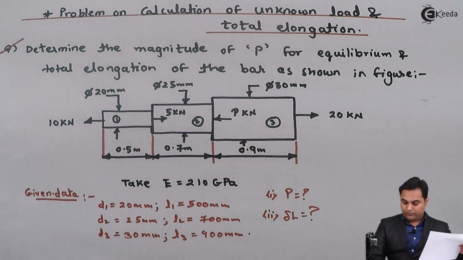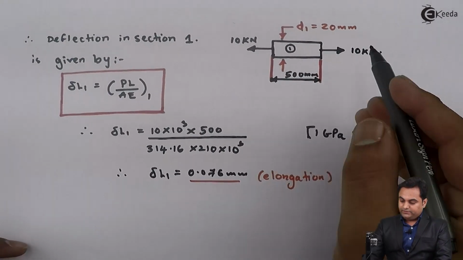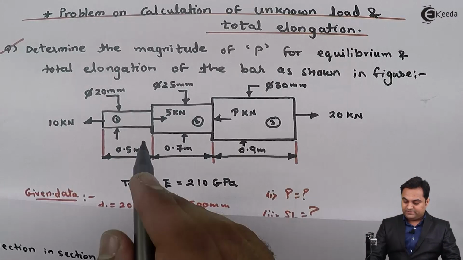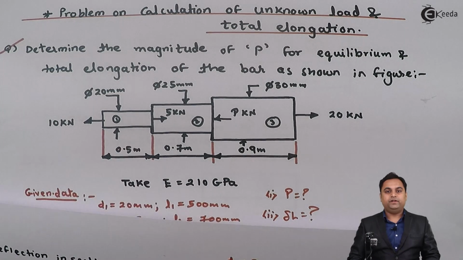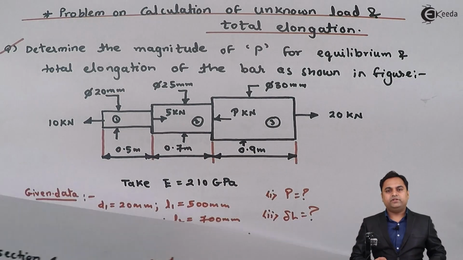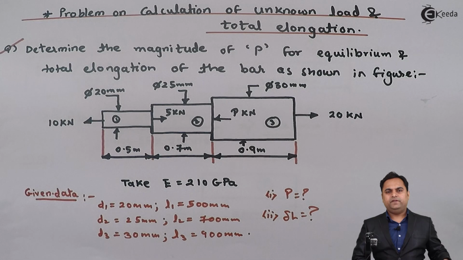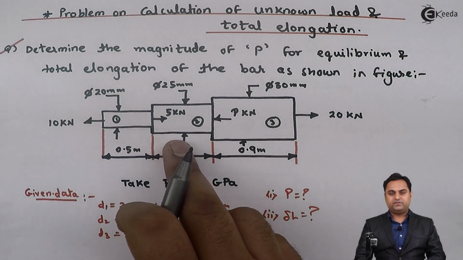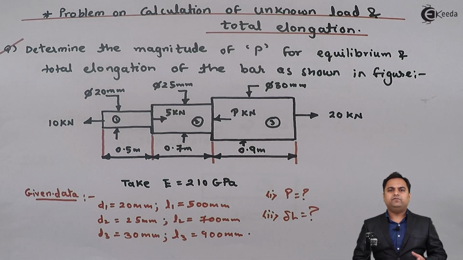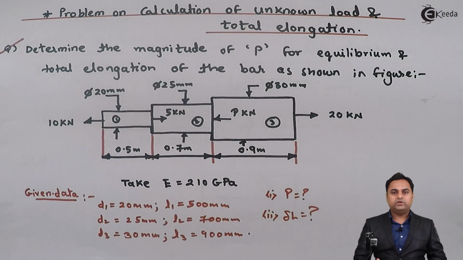So now how I'll explain this is that 10 kilonewton load is there at this junction. It is, we can say, because of section 1. Now because of section 2, there is also another value of load. If you add 10 in that value of the load which is there on the section 2, that should give you an answer of 5 kilonewton towards right.